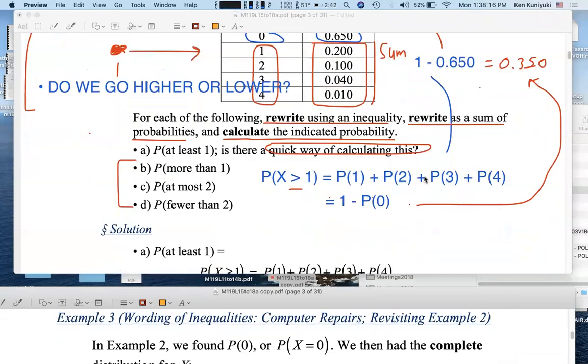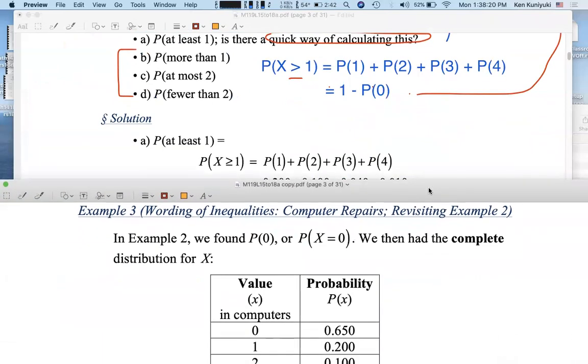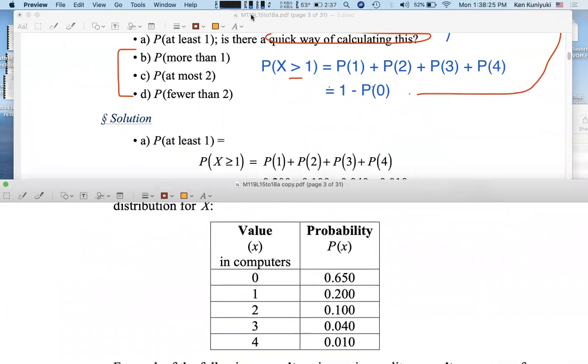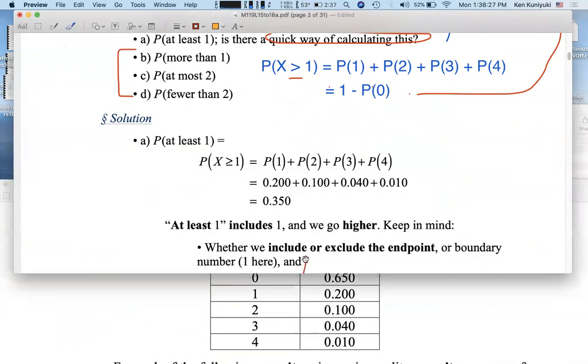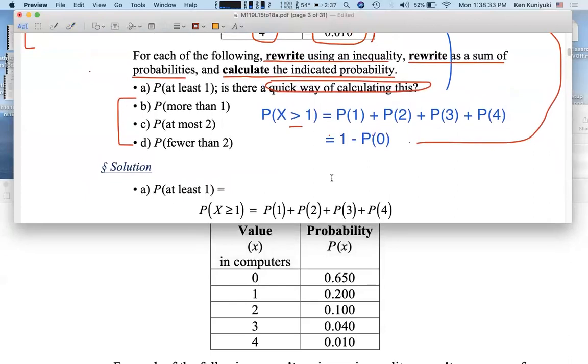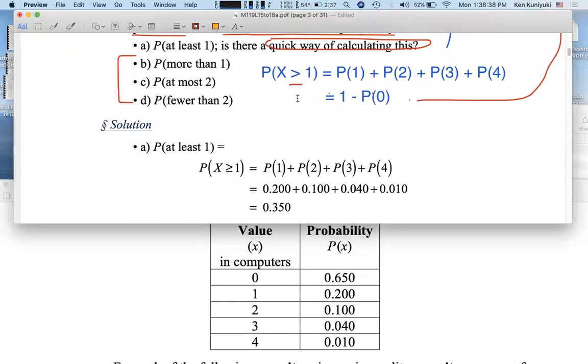All right. So what's the probability? Let's repeat. What's the probability that at least 1 computer needs a repair? Here's the table down here. Again, repeating part A. At least 1. So that's a probability that X is greater than or equal to 1.